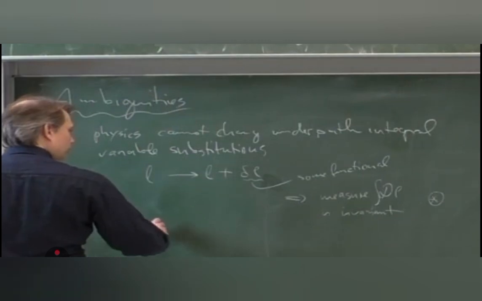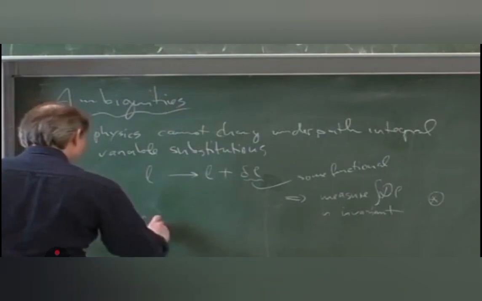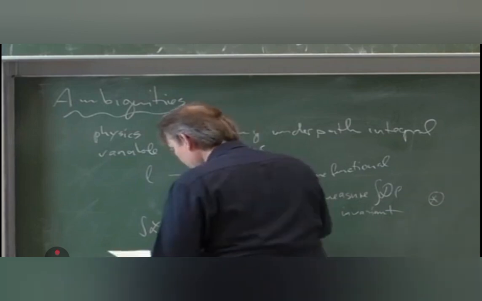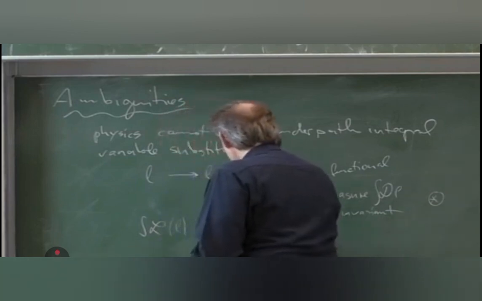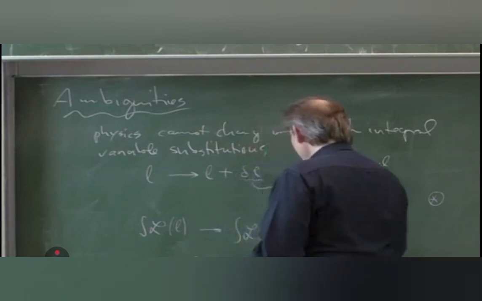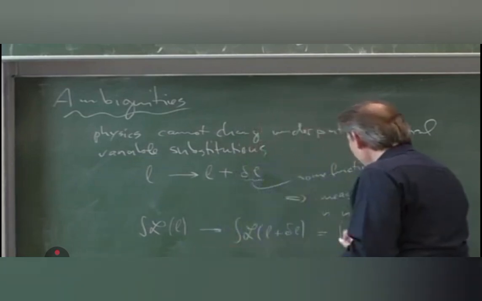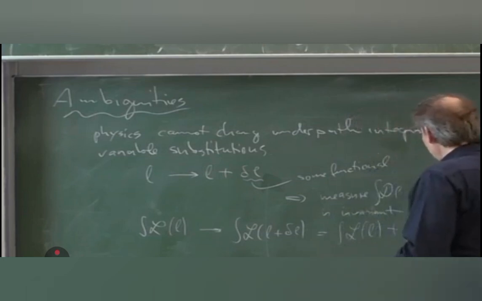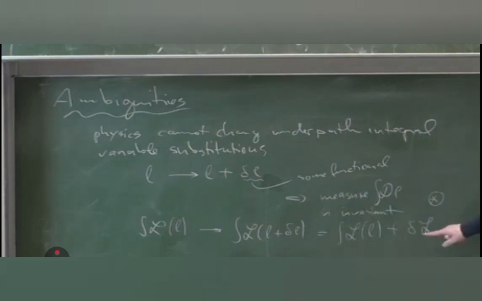And second, the action, the Lagrangian over some field, changes into the Lagrangian of L plus delta L, which you can write as the Lagrangian of the original L plus some variation of the Lagrangian.